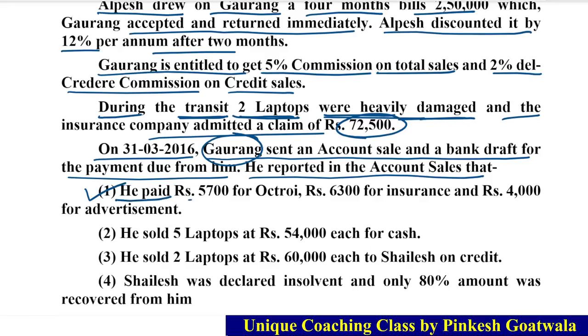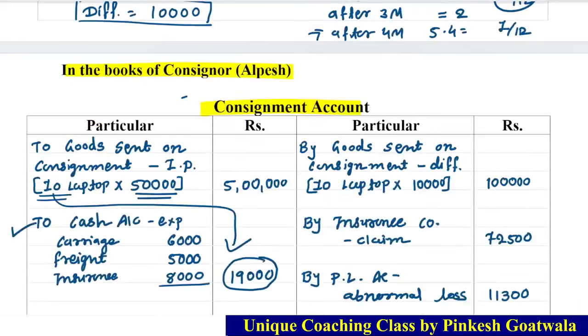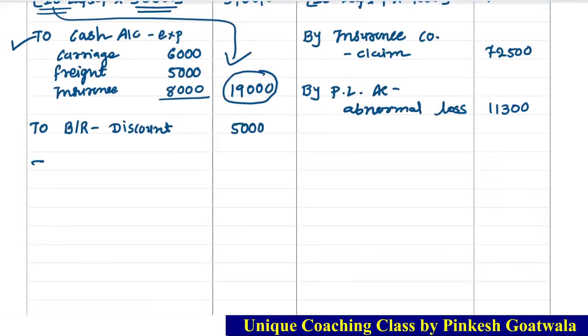So he paid 5,700 for octroi, 6,300 for insurance and 4,000 for advertisement. So now this expense is done by whom? Gaurang. So we have to write debit side to Gaurang, dash expense.